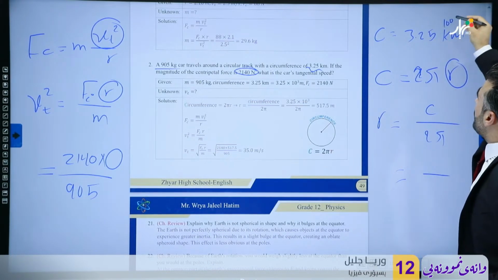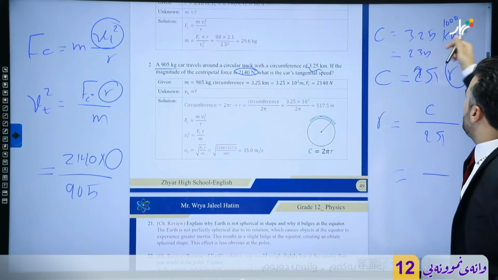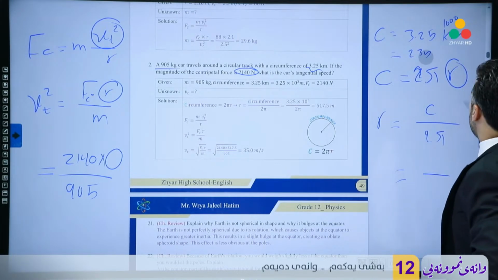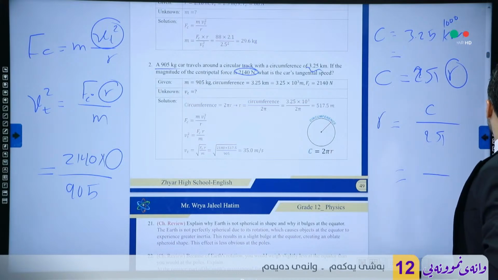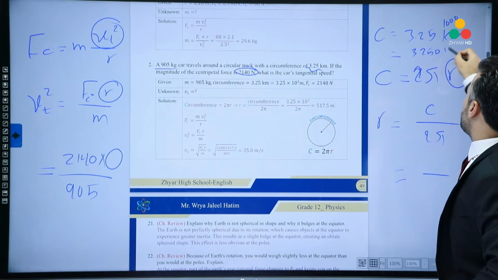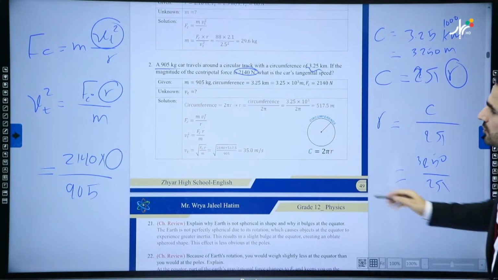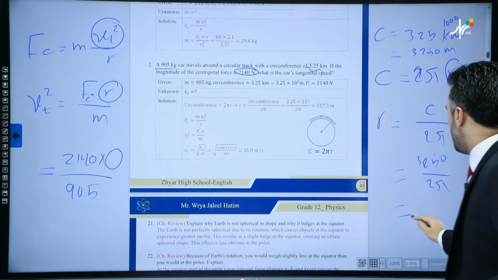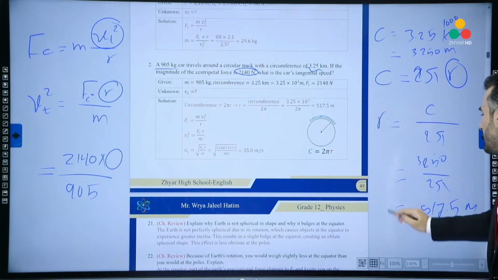Instead of kilometers, we can write it in meters, so it becomes 3,250 meters. Then 3,250 divided by 2 pi, and the radius becomes 517.5 meters. That is the radius.